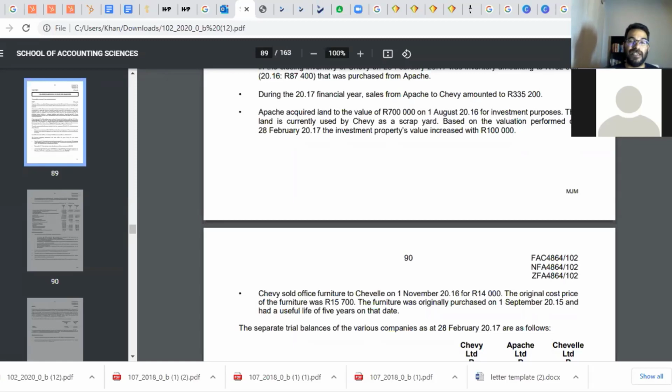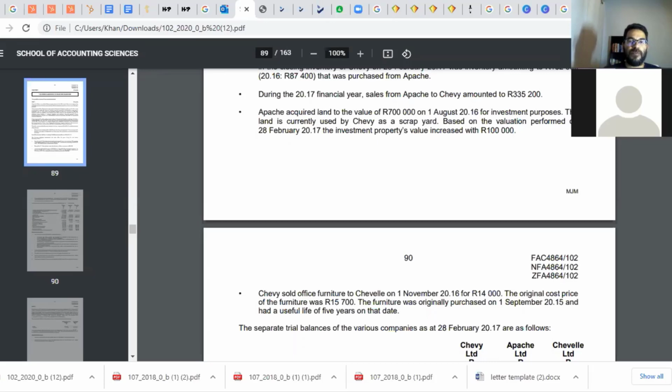Now we need to consider the income statement point of view. To consider the income statement point of view, we'll have to first see how they treat each type of asset. If investment property is measured at fair value, which we're assuming it is because they're telling us the value increased by 100,000, but we'll confirm when we read the company policies.